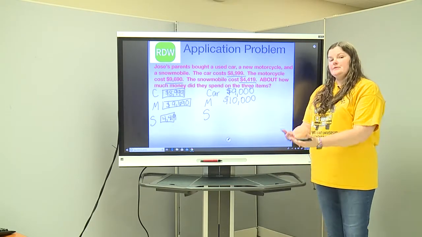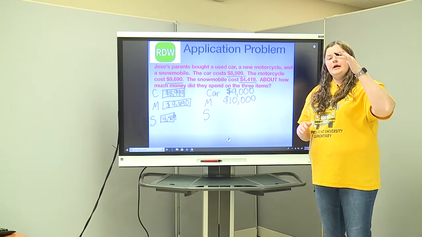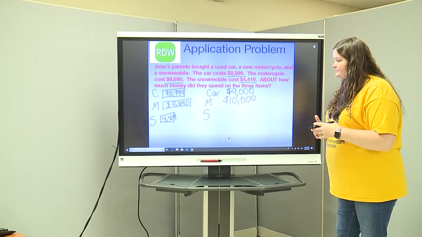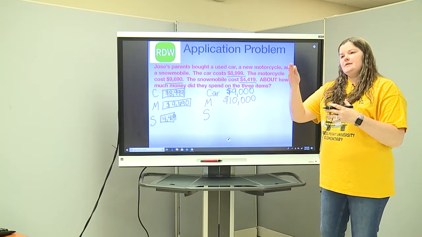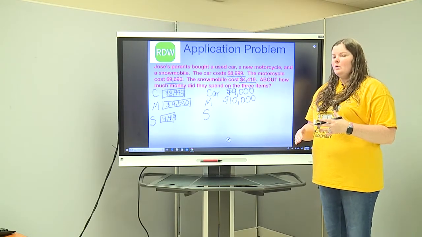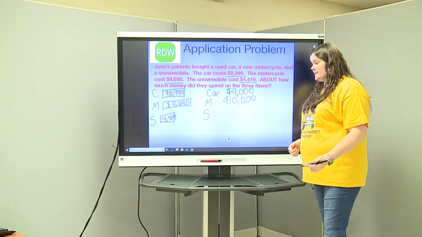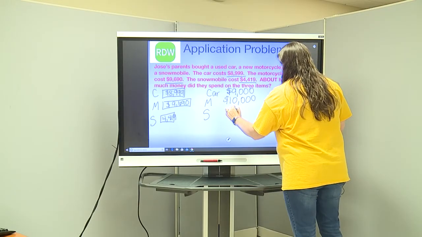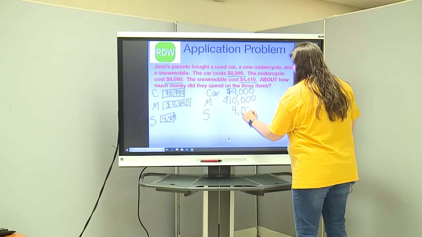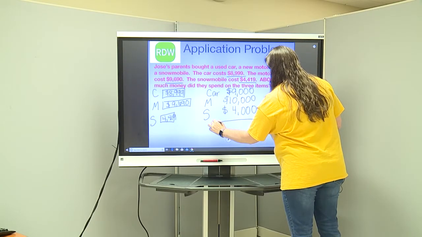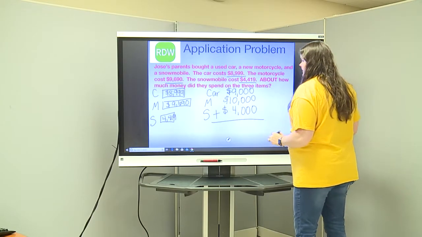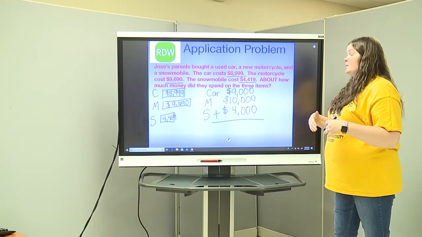So that's either going to go down to $4,000 or up to $5,000. Now that 419 in there lets me know that it's going to be a little bit below my midpoint. So it's going to round down to about $4,000.